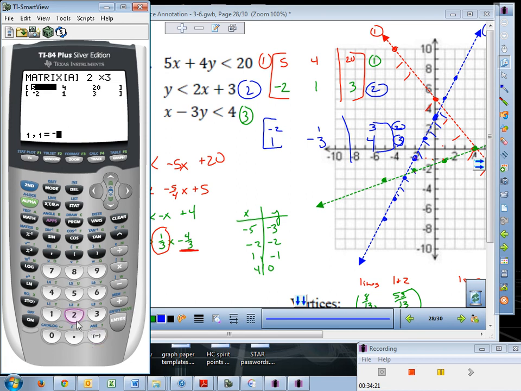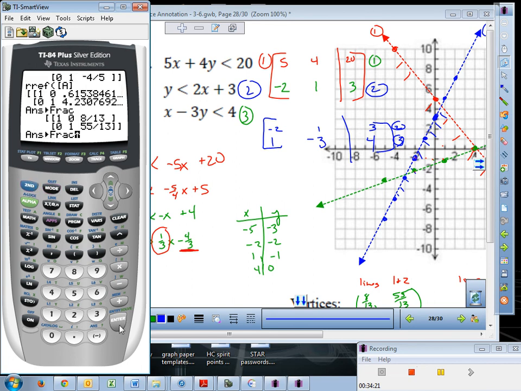So 1, 3, enter. 1, enter. -3, enter. 4, enter. Quit out of it. Second entry a couple times to get back to what I wanted, and hit enter. Nice neat decimals. You can put those, but I also want them as a fraction also.